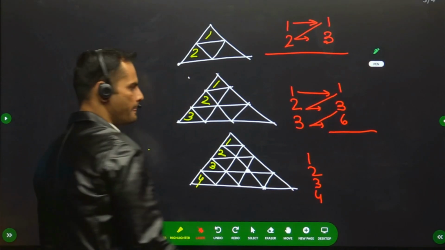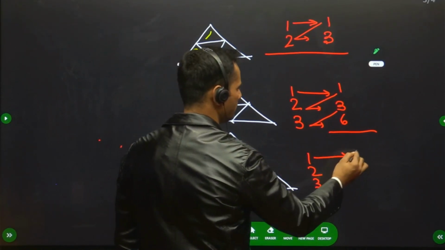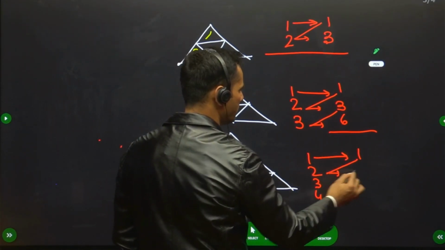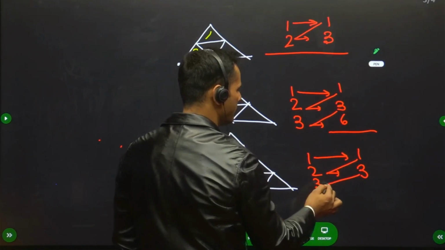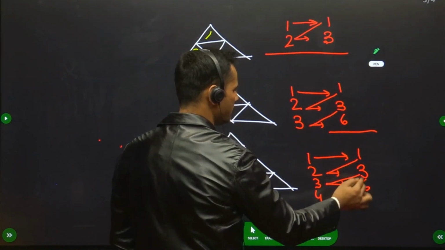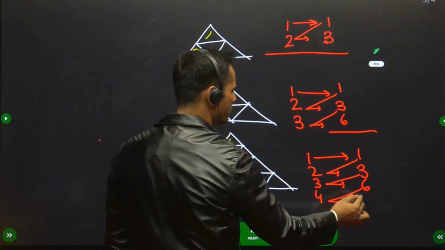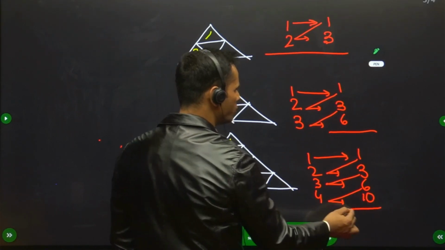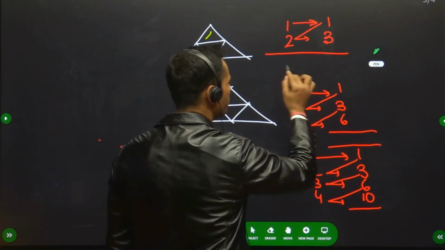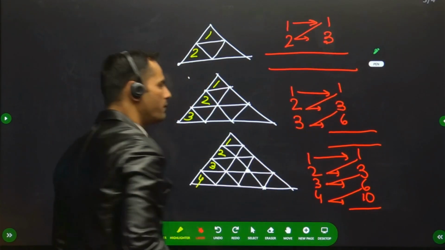Similarly, repeat this one. Add 2 to it. Add 3 to it, 6. In 6, again add 4 to it, you get 10. This is known as the cumulative score. What we have done is the cumulative score.